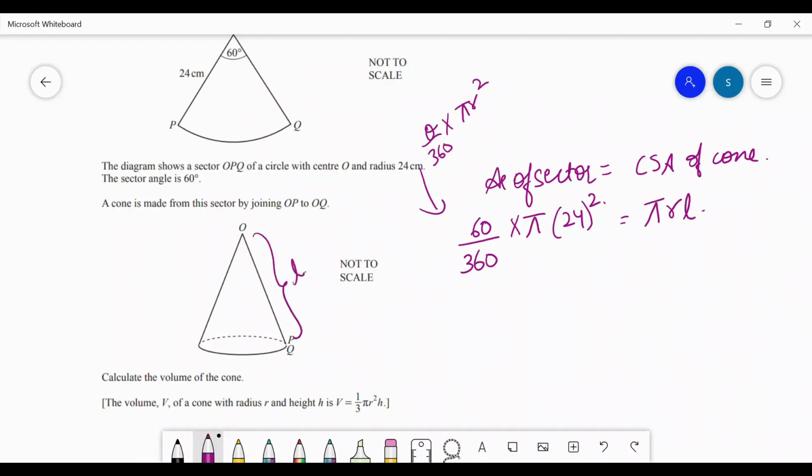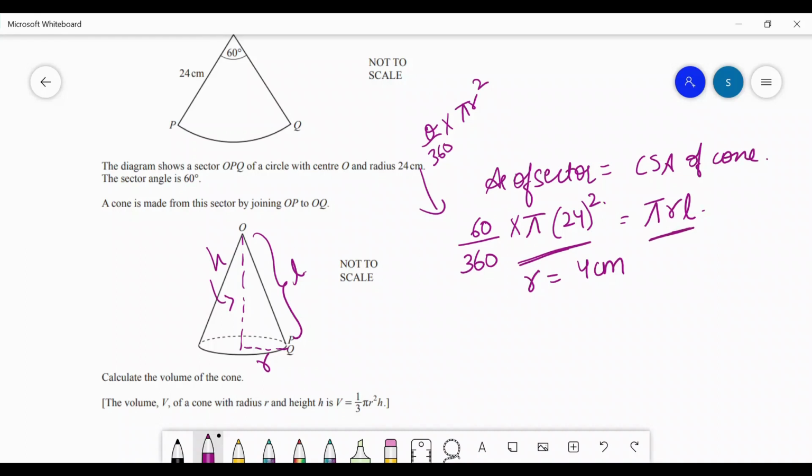L, by the way, is the slanting height. So this is L, this is H, and this is R. Yes. So here, when we solve this, we get R is equal to 4 centimeters when you solve the equation.